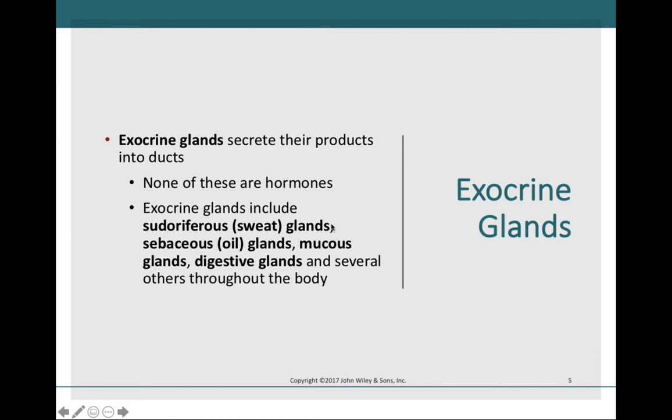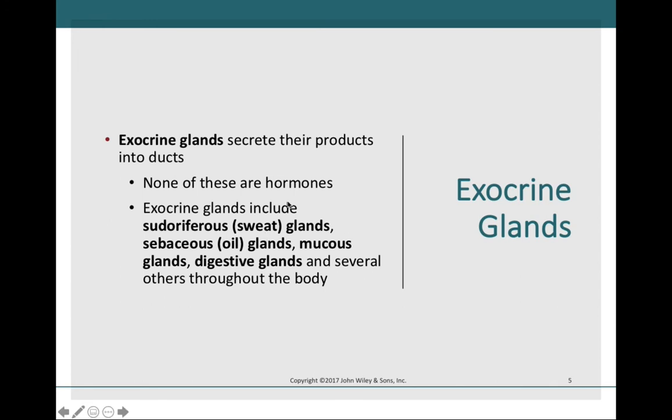These are some examples of exocrine glands that we discussed in A&P 1: the sudoriferous or sweat glands, the sebaceous glands, the oil glands, and a few others. As we're now aware, the endocrine system releases hormones into the bloodstream. However, exocrine glands will always release some type of secretory product into a duct that will flow out onto a surface.